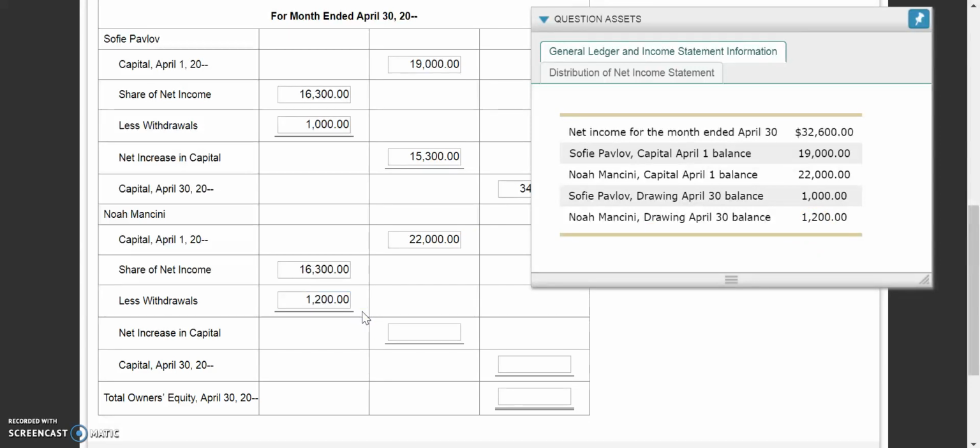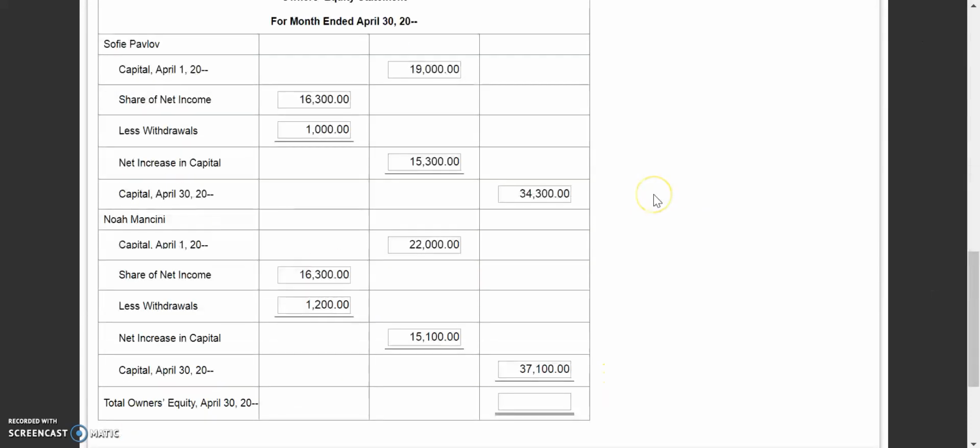So we take 16,300 and subtract out 1,200, and he has a net increase of 15,100. So then that capital balance for Noah is the 22,000 plus 15,100. So his capital balance is 37,100 at the end of April.